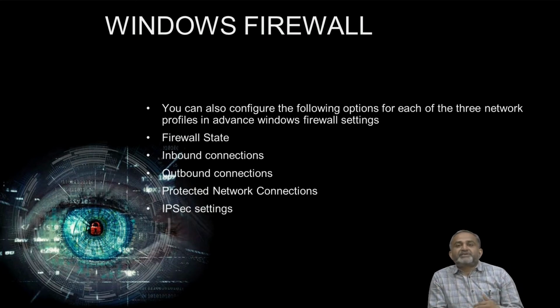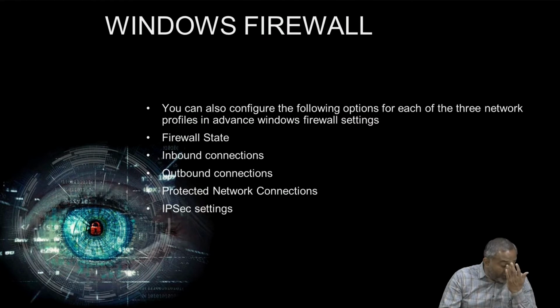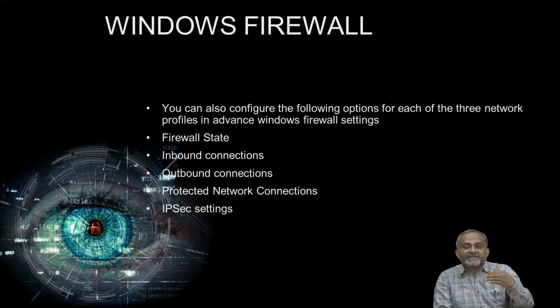The firewall state means the level of security is defined, and the network administrator or user can change the state of the firewall: high, medium, low. These are the security states.